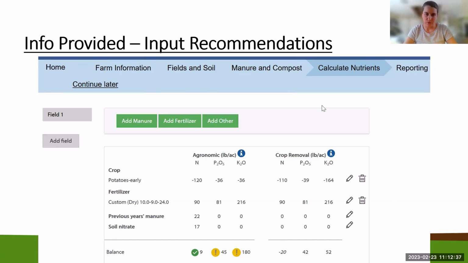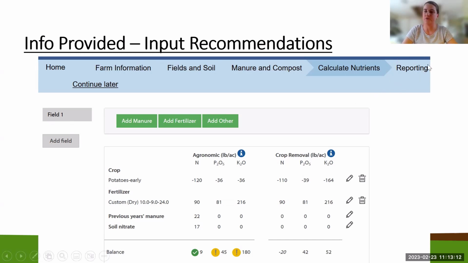The calculator operates based on the agronomic balance for N, P and K and the crop removal balance for P and K. Using these two balances together, I can make sure that I'm meeting my crop nutrient requirements while also not grossly exceeding them. Without getting into the nitty-gritty of how the calculator works, this is just a tool that allows me to play around with input recommendations.